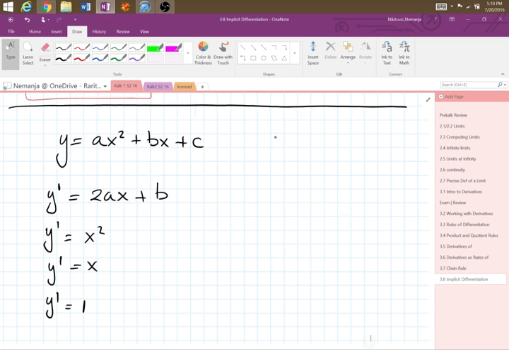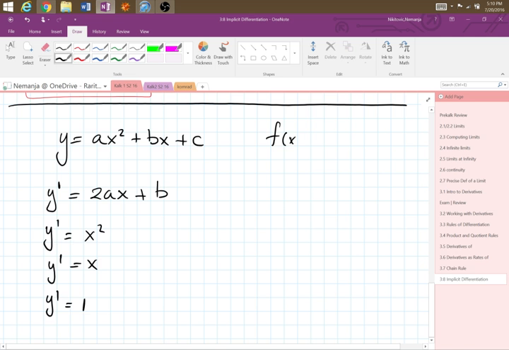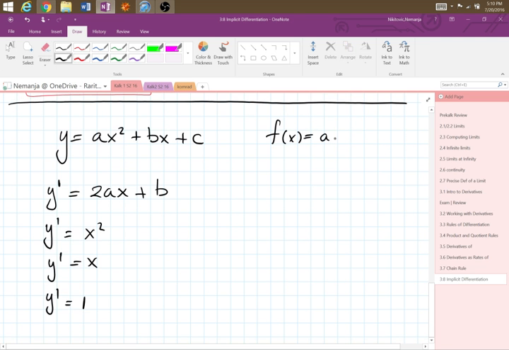So I'm going to use superior notation, which is that f of x is equal to ax squared plus bx plus c. And then over here I will say that dy dx is equal to 2ax plus b. And in order to make the second one correct, I have to say dy dA is equal to x squared. At which point this becomes correct.